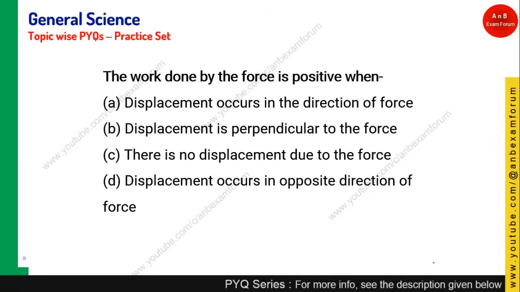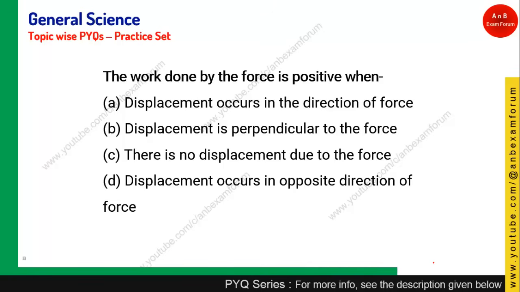Okay, let's see the next question. The work done by the force is positive when what? Just now we have seen that work done by the force is positive if displacement occurs. If you see option C, there is no displacement, so this is wrong. There should be displacement, then work is said to be positive. And if displacement is in the opposite direction, then work done becomes negative.